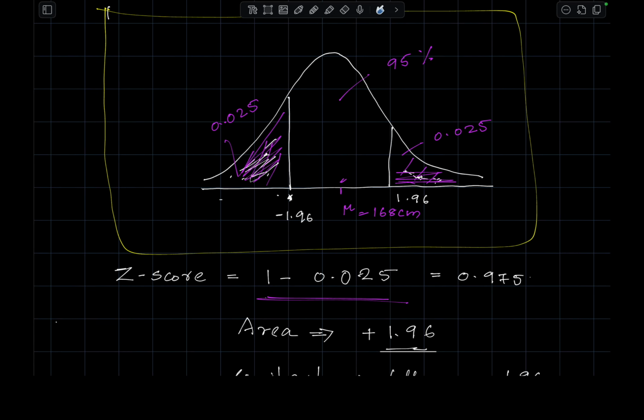And we said that for the null hypothesis to stand, it should be within this area. This green area is our acceptance area. So it should be between minus 1.96 and plus 1.96. And if it goes beyond, less than minus 1.96 or greater than 1.96, we should reject.